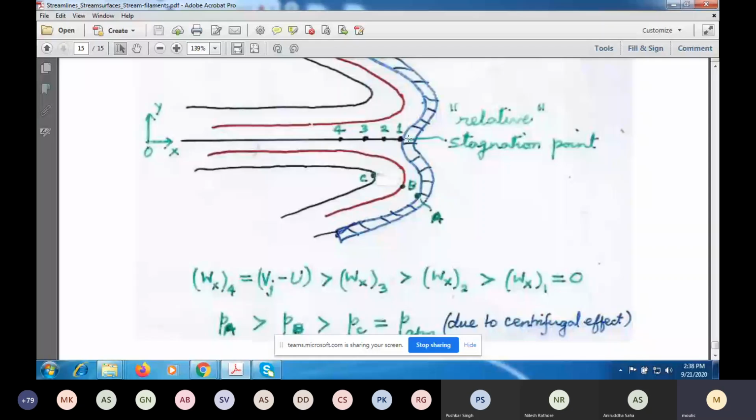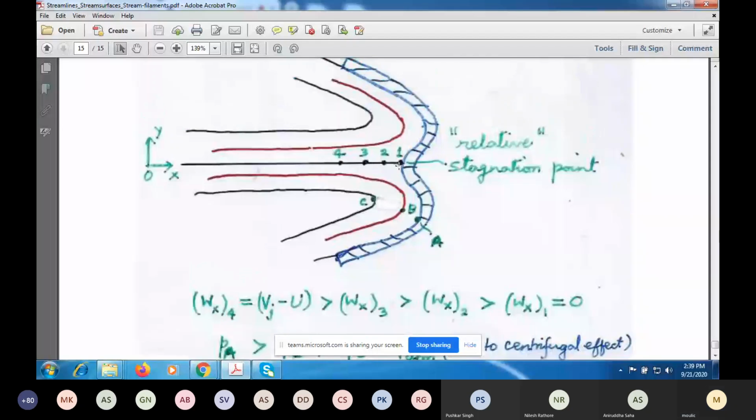So Wx4, which is Vj minus u, will be greater than Wx3, and that will be greater than Wx2, and that will be greater than Wx1, which is 0. So this is what we will call a relative stagnation point. So at a stagnation point, I said streamlines will intersect. So here you have an example of a relative stagnation point where two relative streamlines are intersecting.